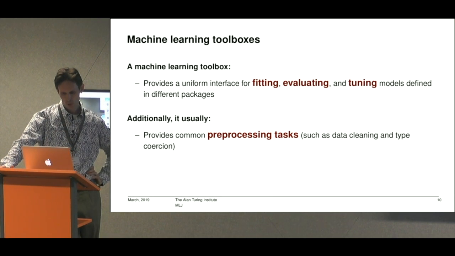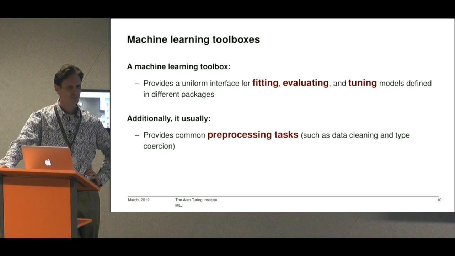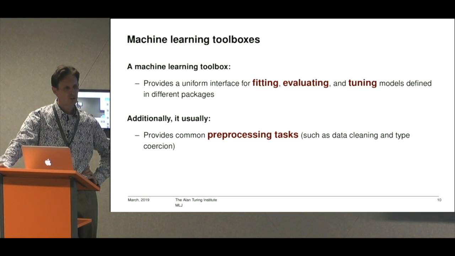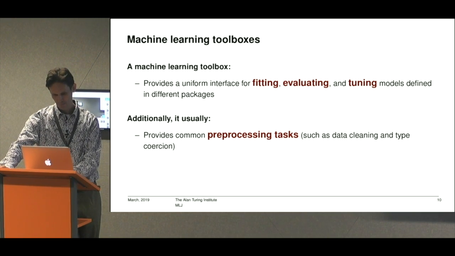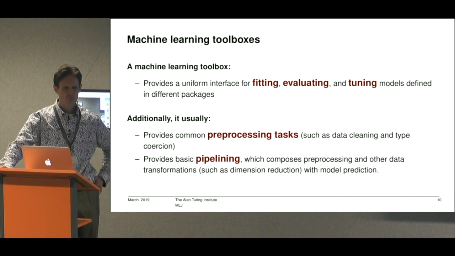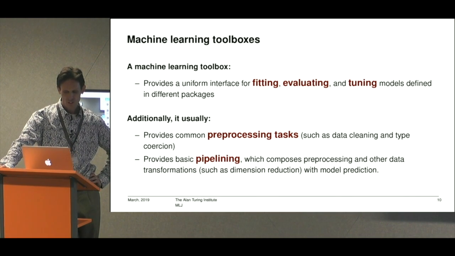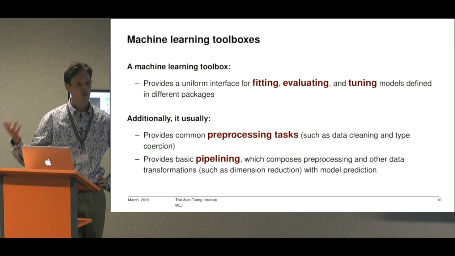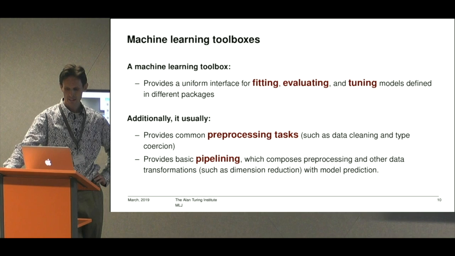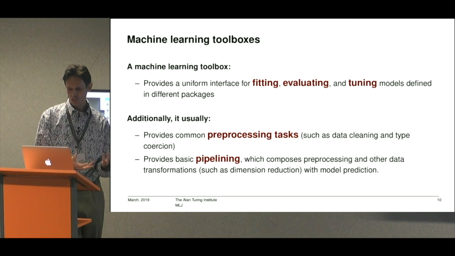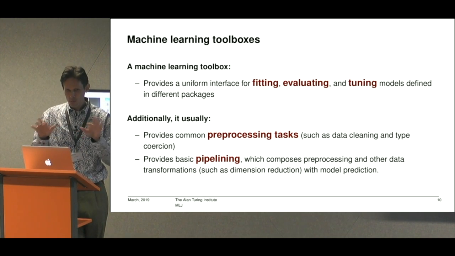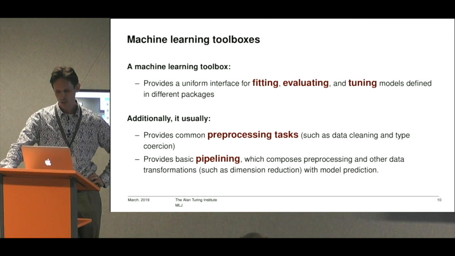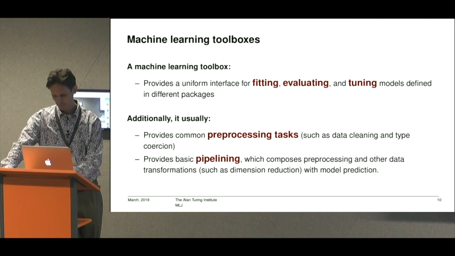It will perform common pre-processing tasks, like cleaning your data or coercing data types. And it'll provide some sort of pipelining, which allows you to compose these different operations, the pre-processing and maybe some of this unsupervised learning, the dimension reduction I talked about. You might want to do that first, and then once the number of variables is decreased, you go ahead and train your predictive model. So these are the basics that any machine learning toolbox is going to provide.